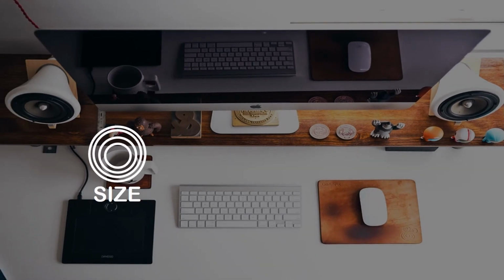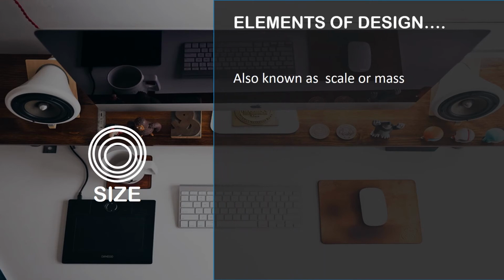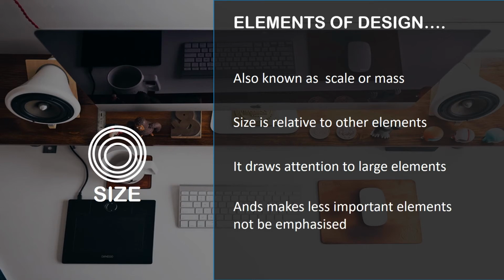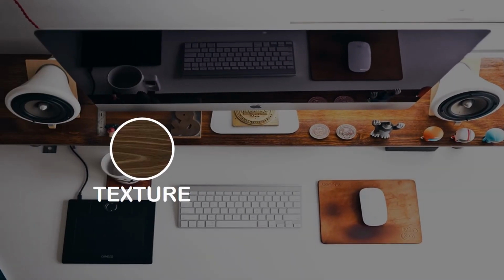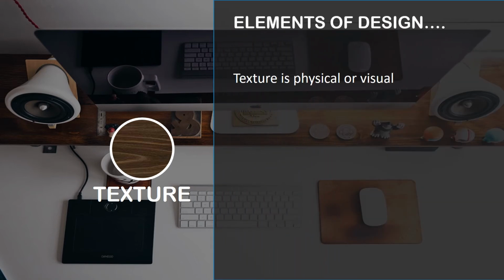The next element is size. Size, also known as scale or mass, is relative to other elements, and it draws attention to large elements and makes less important elements not be emphasized. Moving on, texture. Texture is physical or visual.